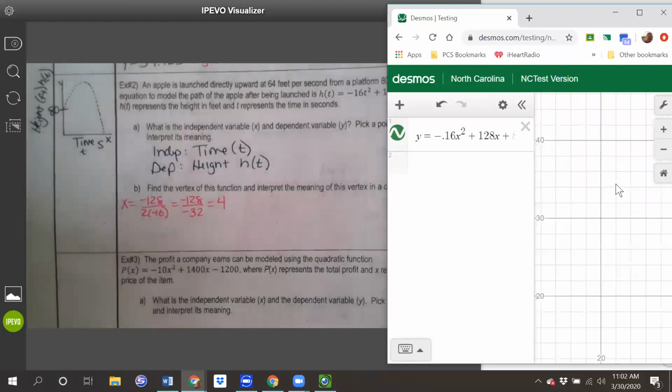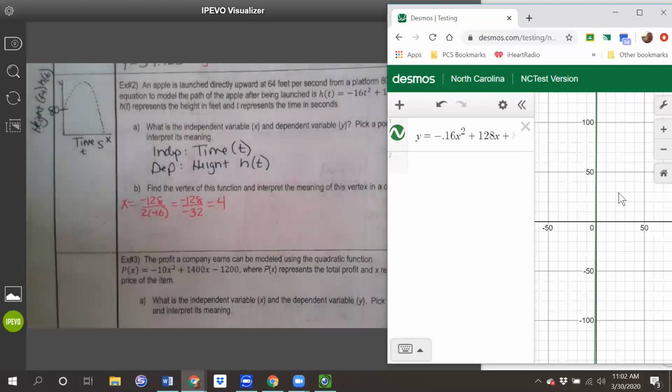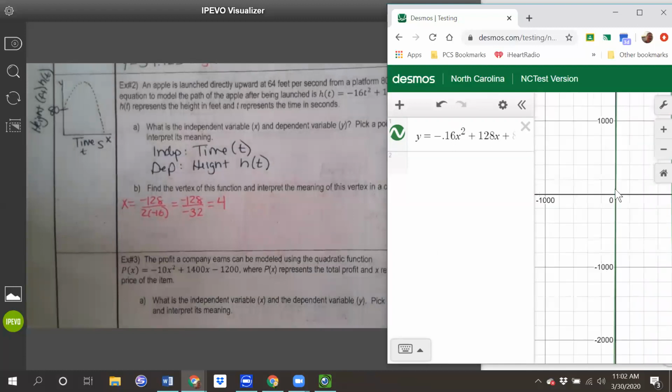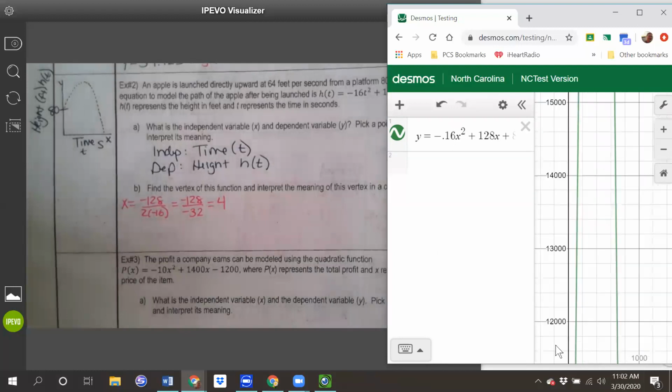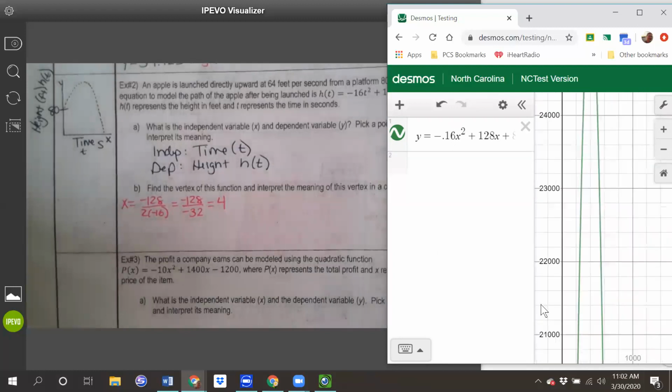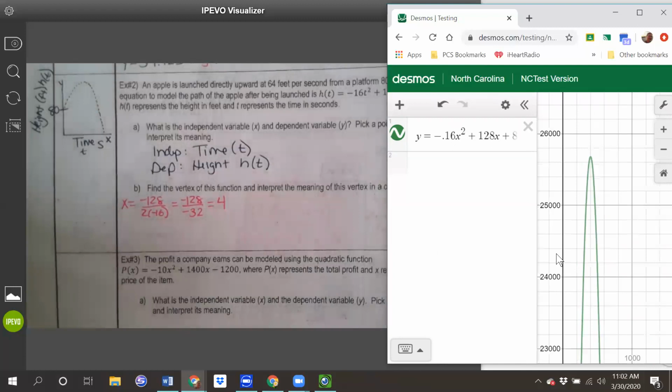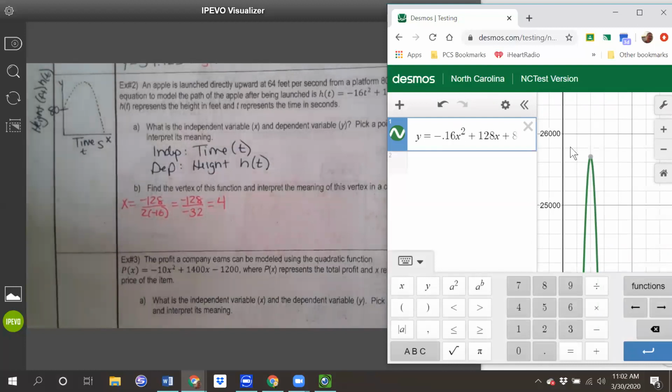All right, so let me find the vertex. Oh, there we go. It's getting more narrow, so I'm dragging. Holy smokes, this thing is going way up there. Oh, you know why? Because that's a 0.16. I'm like, okay, think about how high that is. Is it going higher than planes fly? I don't think so. Okay, so let me get rid of that decimal.